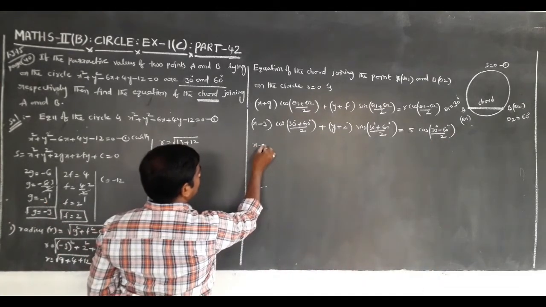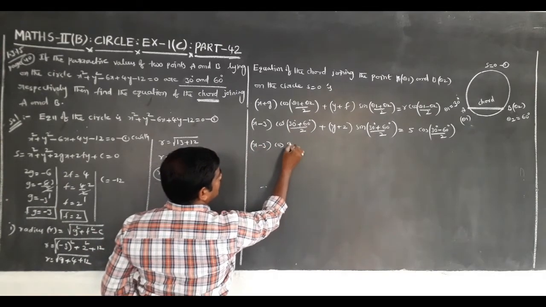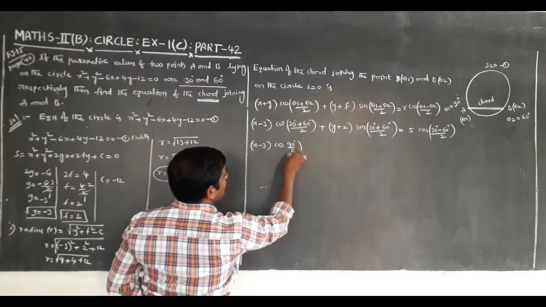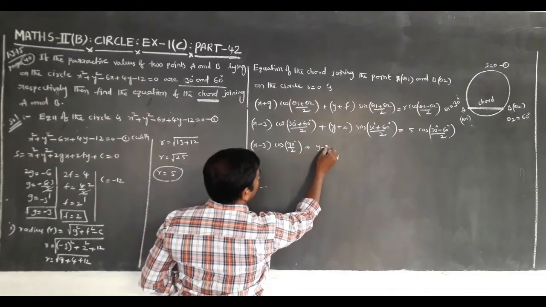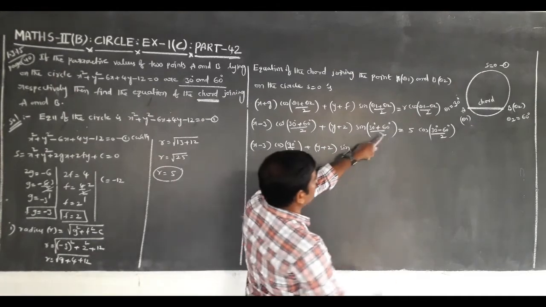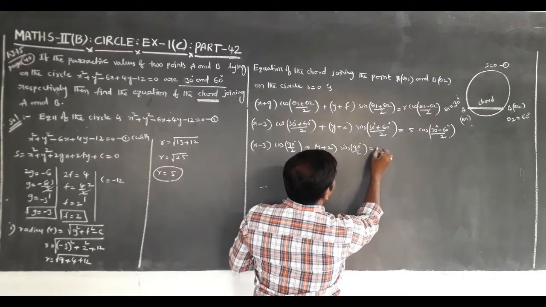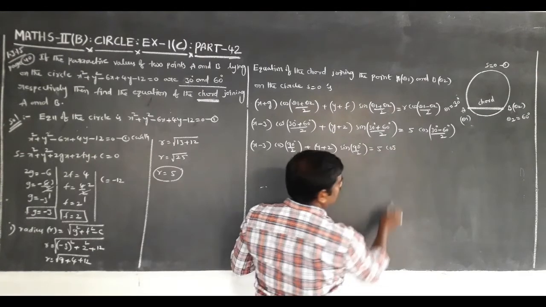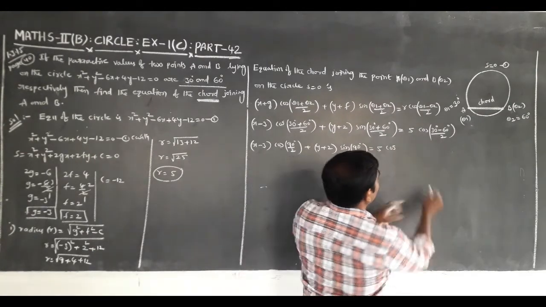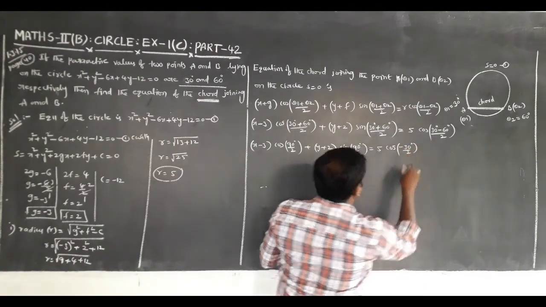x minus 3 into cos of (30 plus 60, that is 90) by 2, plus y plus 2 into sin of (30 plus 60, that is 90) by 2, is equal to 5 into cos of (30 minus 60, that is minus 30) by 2.